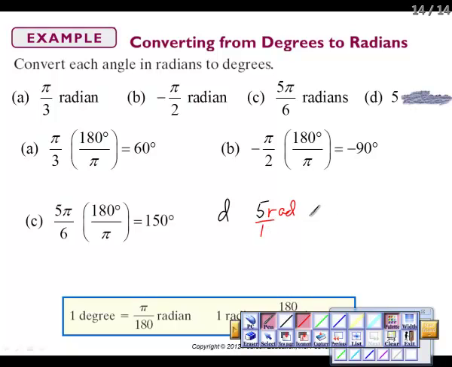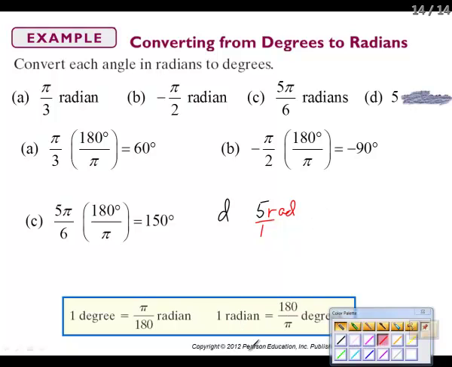So in that case, you look at 180 degrees equals pi radians. So you want the radians to cancel. Are you going to put 180 over pi radians or pi radians over 180? Well, you want the radians to cancel. So we're going to put pi radians in the denominator and 180 degrees in the numerator.